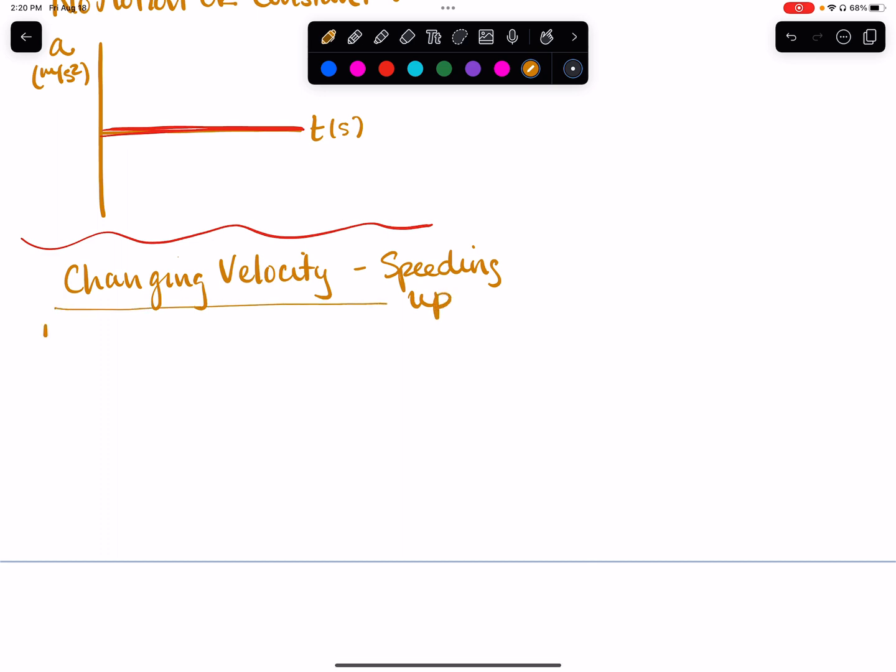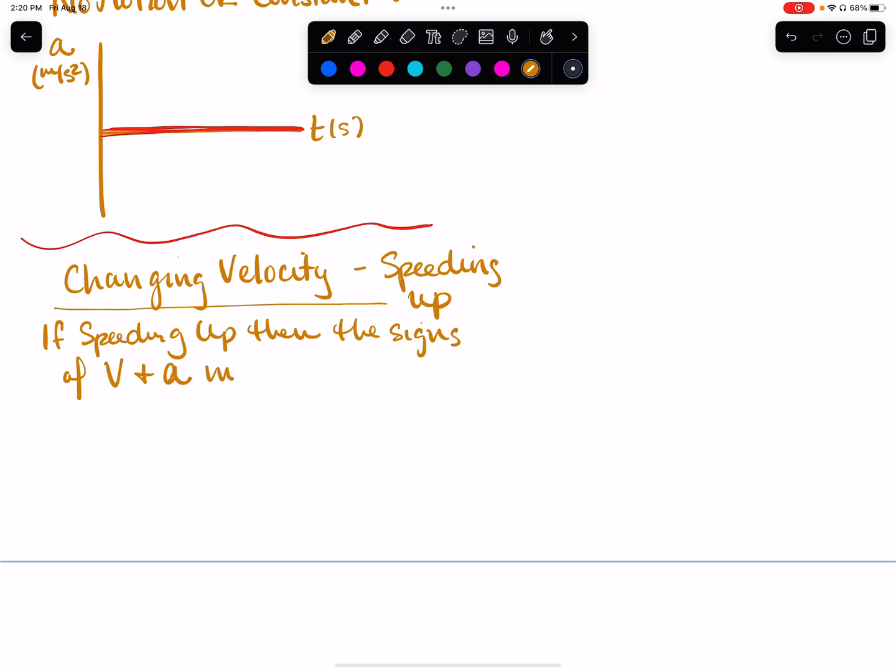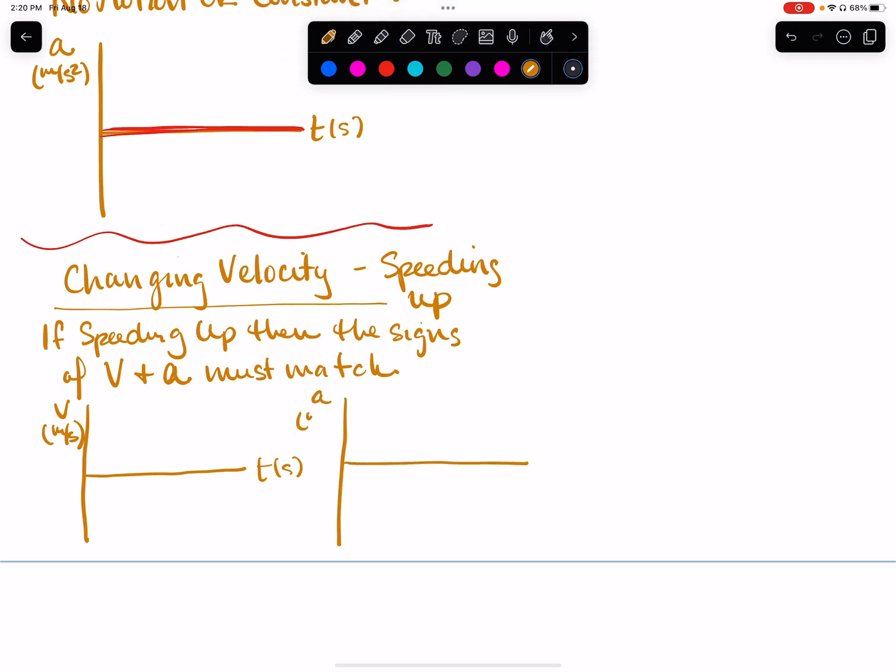Remember, if you're speeding up, then the signs of velocity and acceleration must match. All right, so what does that mean? Well, let's draw our two axes. We're going to include velocity here and time. Then over here, I'm going to do acceleration and time.